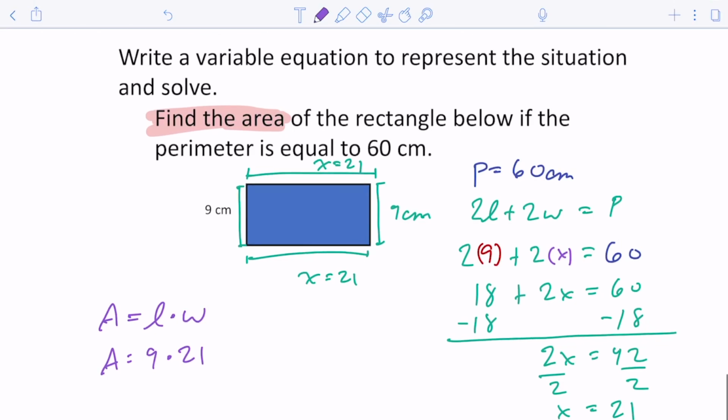Okay, so if you do that, you just multiply, area equals 189, and then the units are going to be centimeters squared because it's talking about area. So in this blue shaded region right here, there are 189 little squares that are 1 by 1 centimeter each. So that is your final answer.